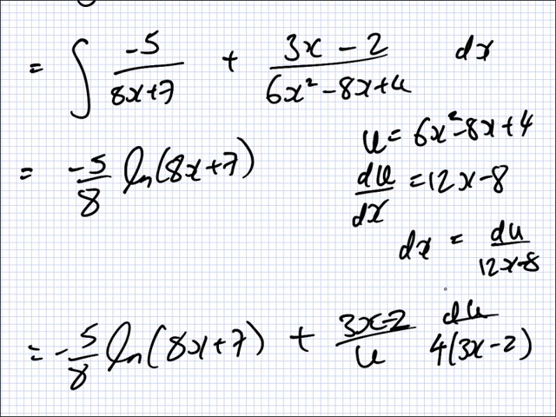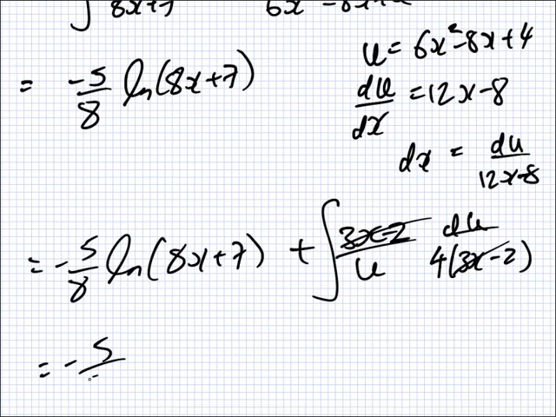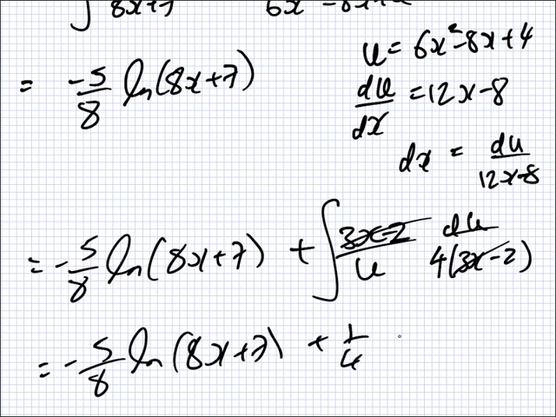Didn't you miss an integration sign? Yeah, sorry. Thank you. I took a half out in the beginning, and I've just taken it out now, so they cancel. And you're left with minus 5 over 8 log 8x plus 7, and then plus 1/4 log u.